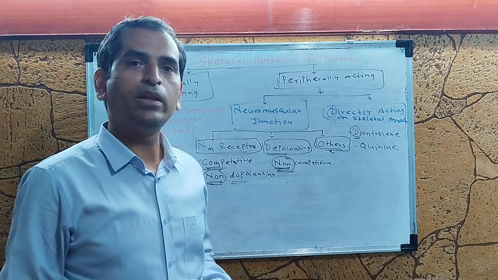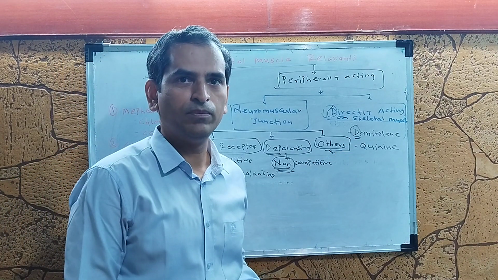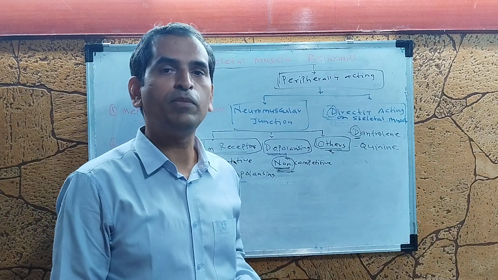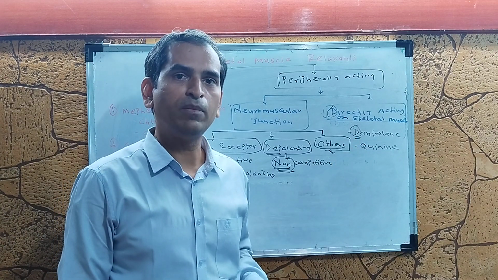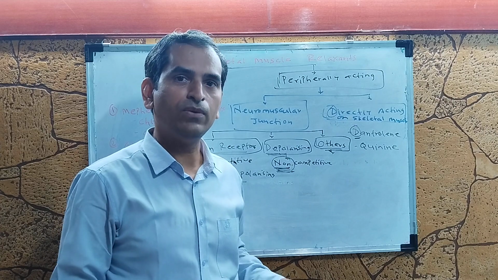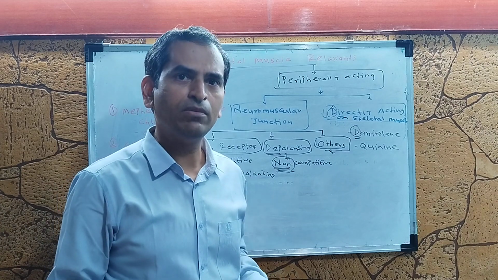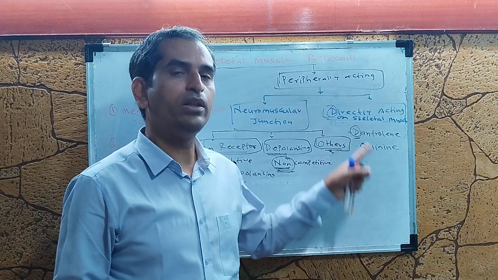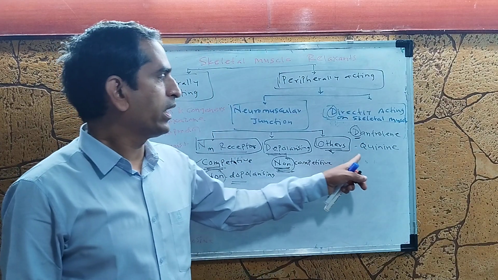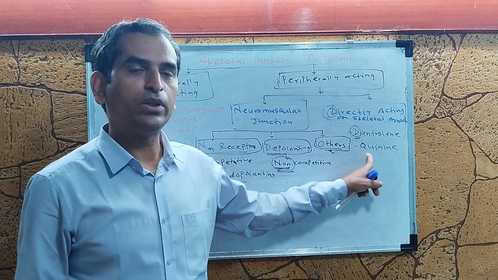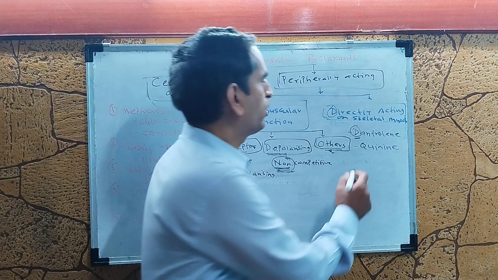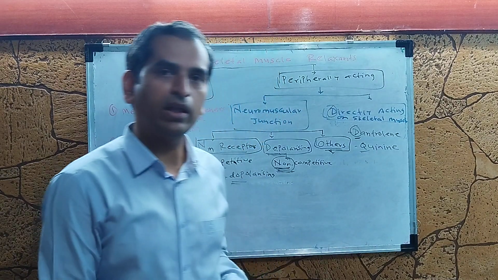Dantrolene works by inhibiting the ryanodine receptor and it's the drug of choice for malignant hyperthermia. Malignant hyperthermia is a condition where there is a high fever because of excessive release of calcium resulting in excessive skeletal muscle contraction. So dantrolene is used for that purpose. Second example is quinine, another directly acting skeletal muscle relaxant. This drug is not commonly used for skeletal muscle relaxation.